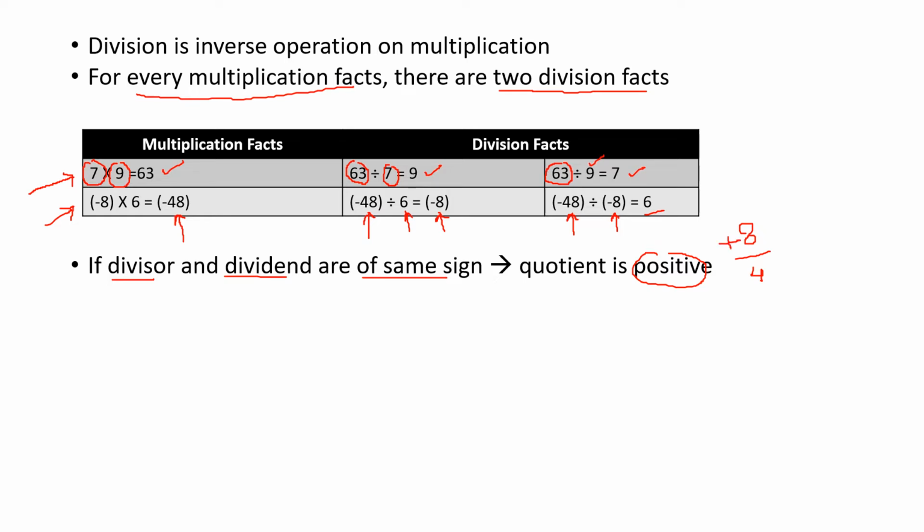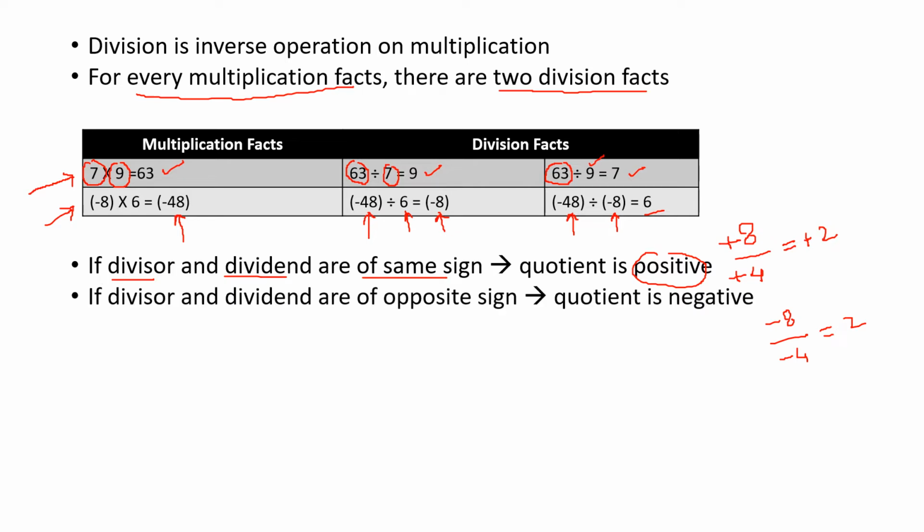Writing the positive sign is not compulsory, but I'm writing it just to clarify that both are positive. So the result will be positive. Similarly, if both are negative like this, then also the result will be positive. That is very important to remember. If both are the same sign, the answer will be positive. But if both are opposite signs, then the answer will be negative.